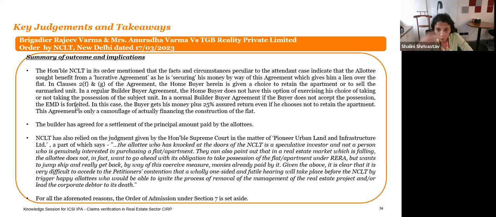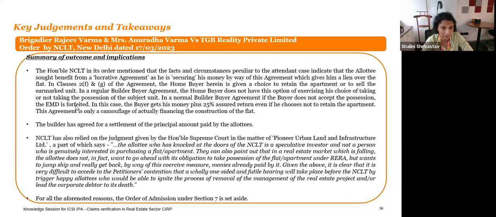And in normal circumstances, this is not what happens. A normal home buyer does not have a choice. As per the builder buyer agreement, the home buyer does not have any option of exercising his choice of taking or not taking the possession. In a normal builder buyer agreement, if the buyer does not accept the possession, his EMD is forfeited.